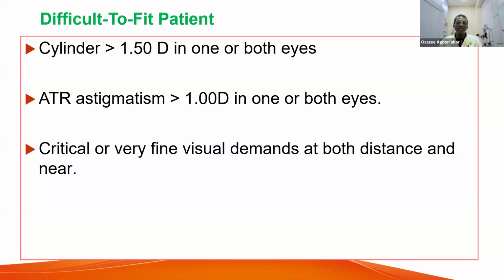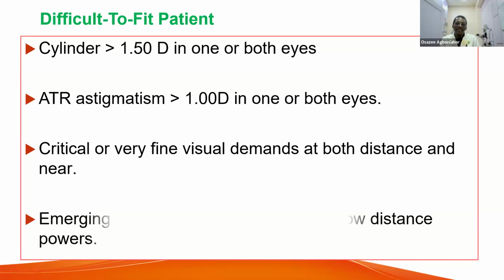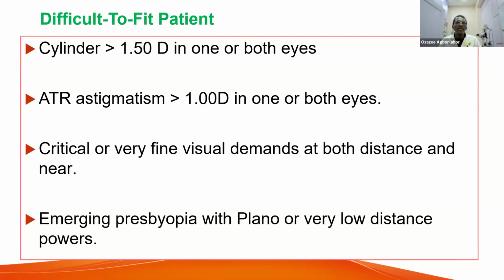So they need to have these things very clear. They can't compromise distance for near. And this is one of the things that multifocal lenses do: you must compromise one for the other. But there's a way we can draw a thin line or try to find a common ground between the distance and near anyways. But they are actually among the more difficult to fit patients.